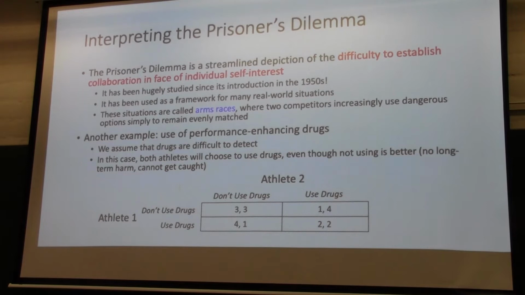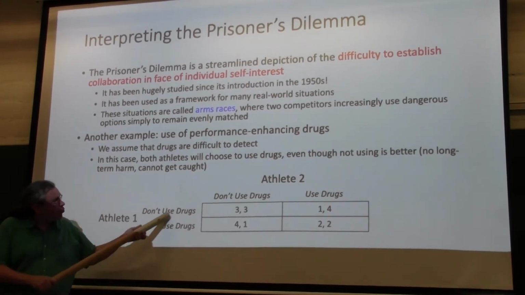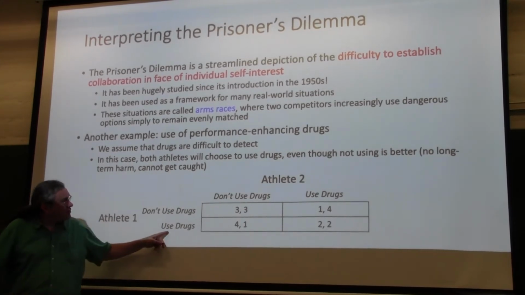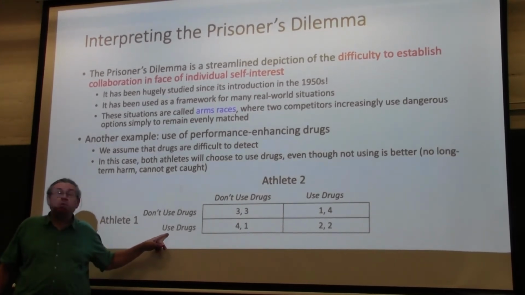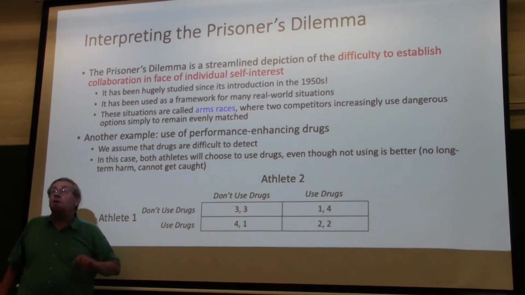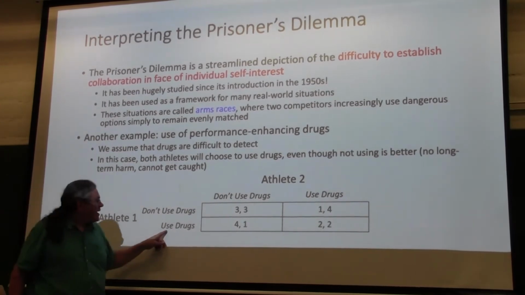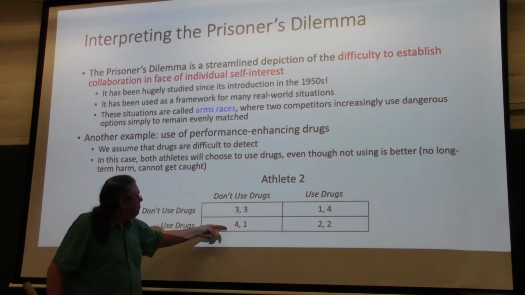Of course, the Olympic Committee knows that this is not a globally optimum solution. So they will try to fight this by installing other mechanisms, like drug testing and so on, so that the payoff for using drugs is worse. Because if you use drugs and you get caught, then you're completely disqualified. So you have another matrix where using drugs actually gives you a chance of being much worse.